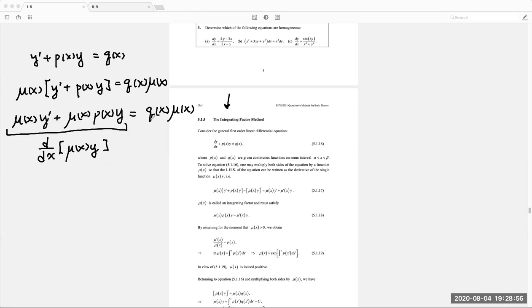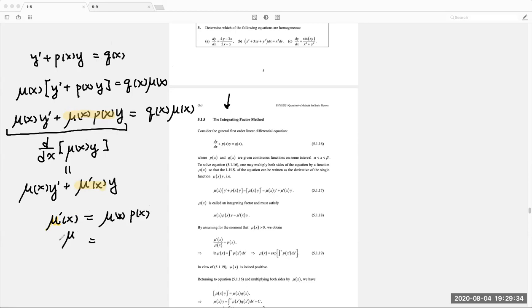Like the product rule. Yes. If you look at the product rule and expand this one, the first parts are the same. The second parts look the same, but you need these two parts to be equal to each other. So mu prime x equals mu x times p x.